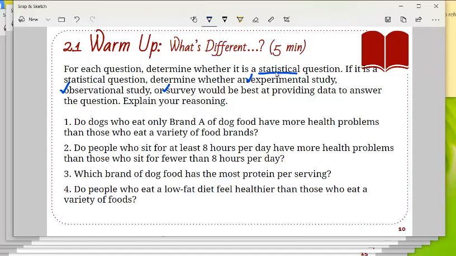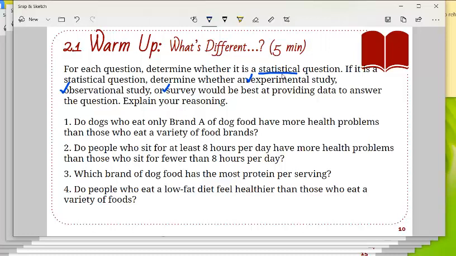Now you might ask yourself, what do we mean by a statistical question? A statistical question is one that doesn't have a right and wrong answer. Statistical questions are ones where we are looking for information. We might find a little variance or variety in the data that we're seeing. But a statistical question is not one that just has a single answer.